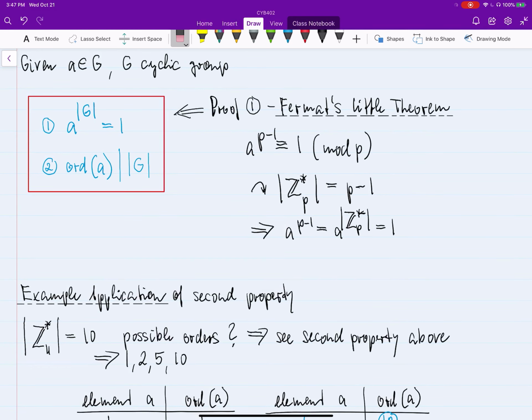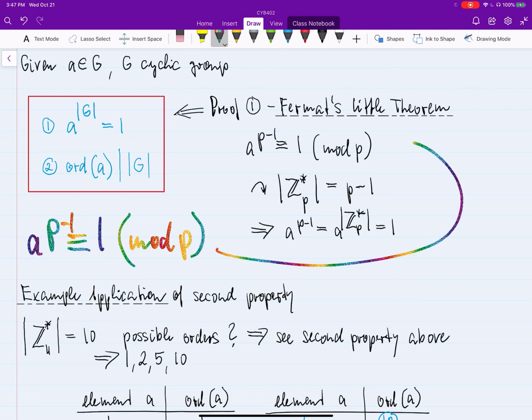We can prove that easily with Fermat's little theorem. Remember that Fermat's little theorem tells us that a to the p is congruent a modulo p. We discussed that in lecture 10, 2 lectures ago, when we talked about some math that is going to help us in public key cryptography. And if we divide the whole thing, we get p minus 1 here, and this becomes 1.